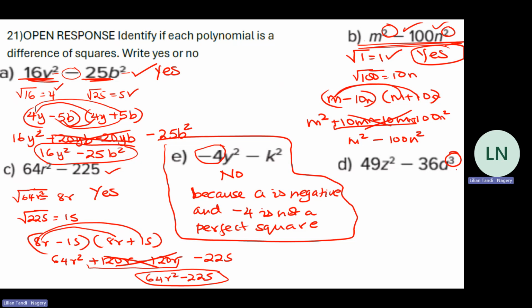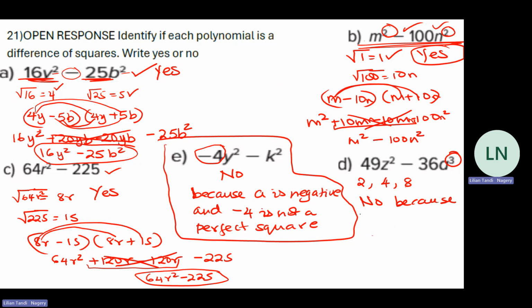This one is definitely no, because the exponent is 3. For you to find a perfect square, the exponent should be a multiple of 2. So it should be 2, and then 4, and then 8, like that. It should not be 3, because the exponent 3 is cubic.